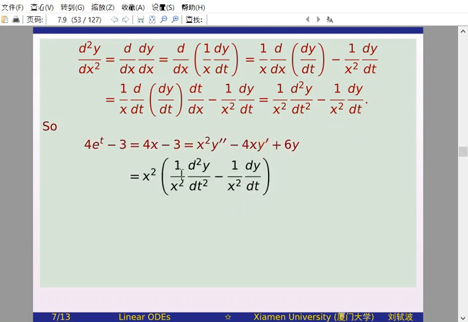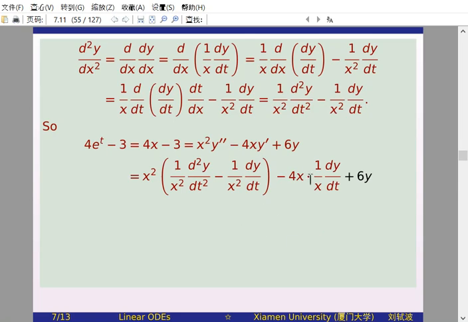So that is x squared times y double prime, the second order derivative of y with respect to x. By this equality, y double prime equals this. Similarly for y prime: we have minus 4x times y prime, where y prime is 1 over x times dy/dt, and plus 6y.